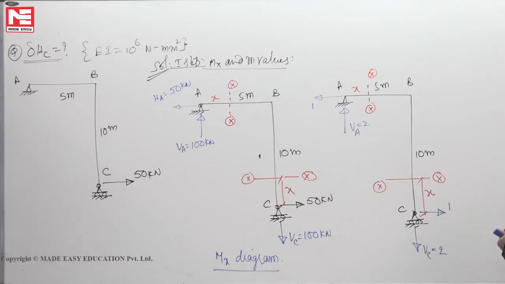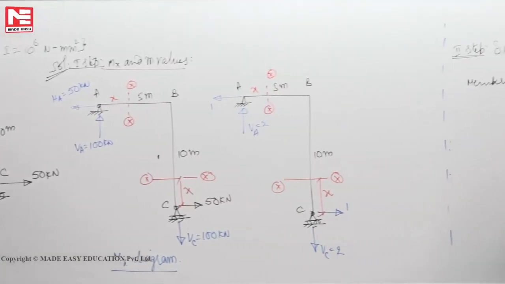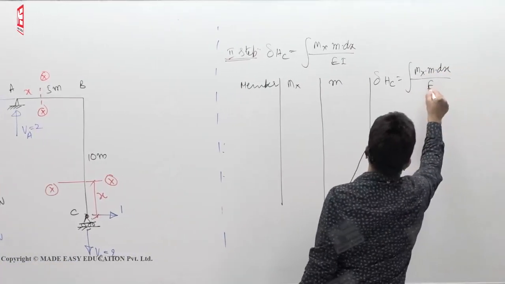Now in the second step, delta horizontal displacement of C, integral of mx m dx by EI.